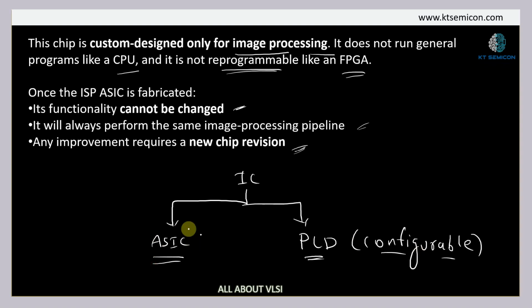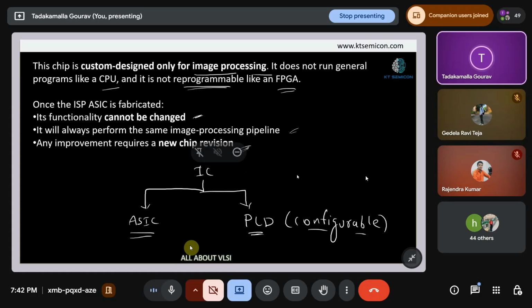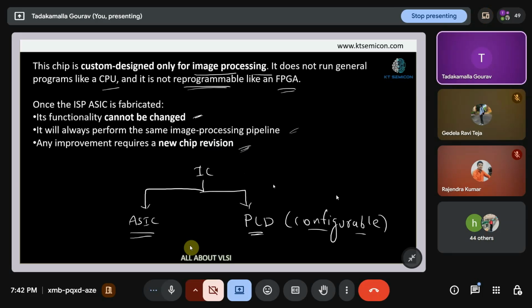Now, the main question arises: why do we prefer ASIC? We have this much configurability, right? So if we are having a chip which has the feature of configurability, then why are we using ASIC? Anyone has any answer for this? You are having a chip with you which is basically configurable.